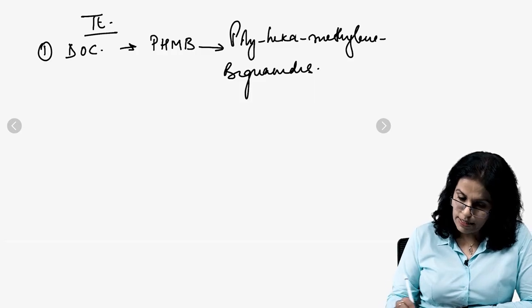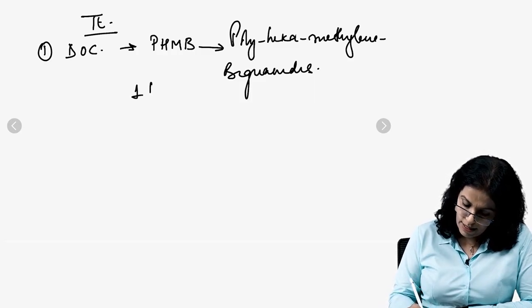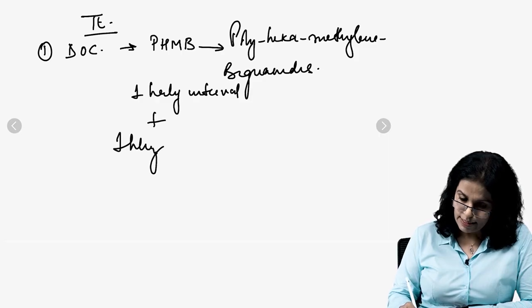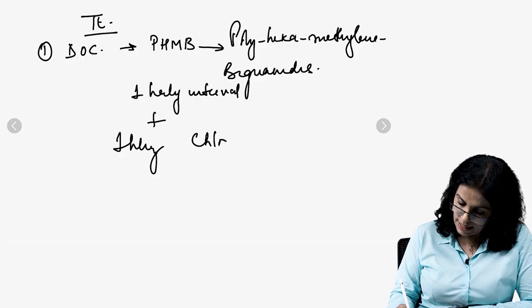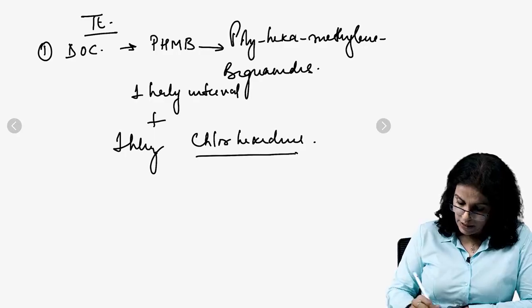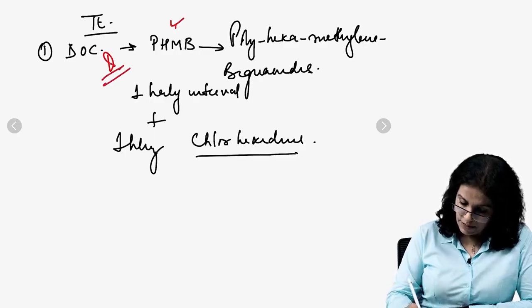This PHMB is generally given at 1 hourly intervals. Along with that, what is added 1 hourly is chlorhexidine eye drops. This is how you treat. But whenever they ask you the drug of choice, your answer will be PHMB.